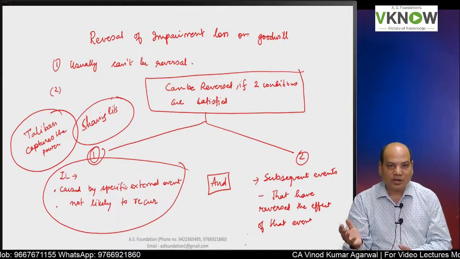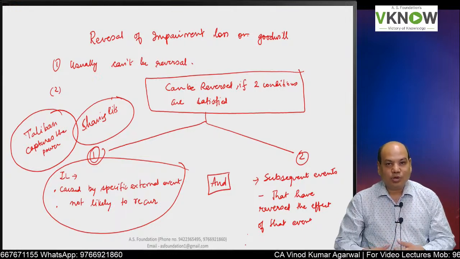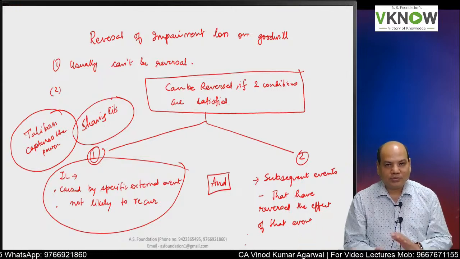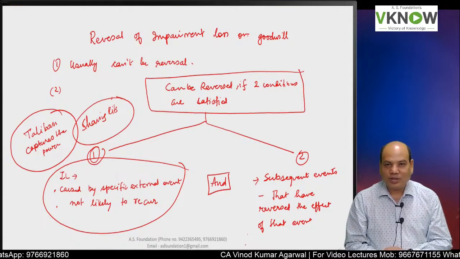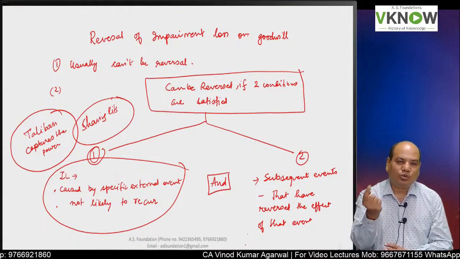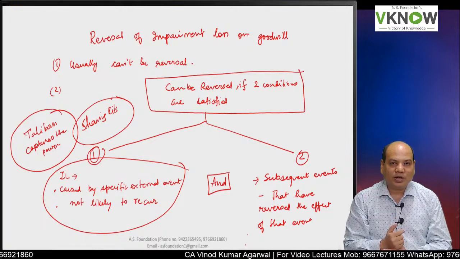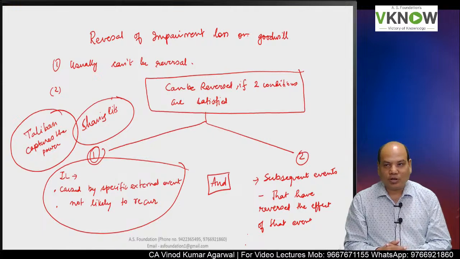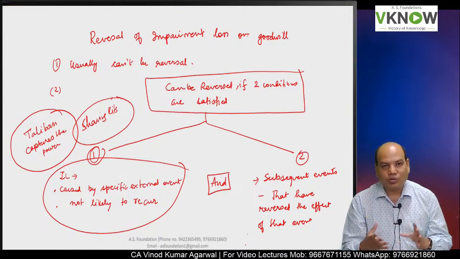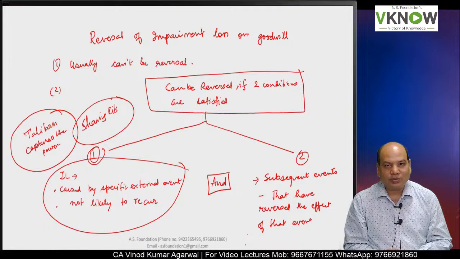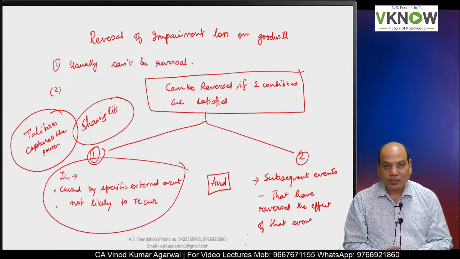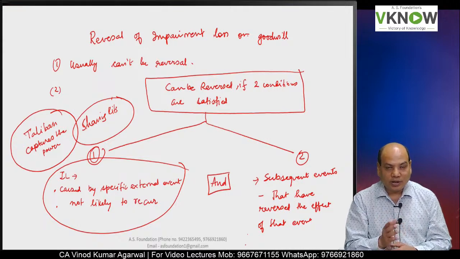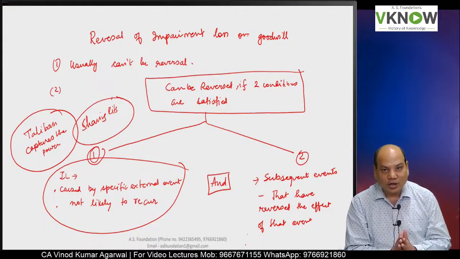But then after 3 years, a new, more liberal government came to power. It says we will remove the ban imposed on shaving by the previous government. The Taliban does not exist anymore; they have been thrown out and have gone back to their own country. So the subsequent event has reversed the effect of the earlier event, and that earlier event is not likely to occur again.